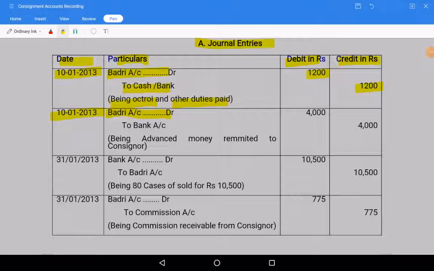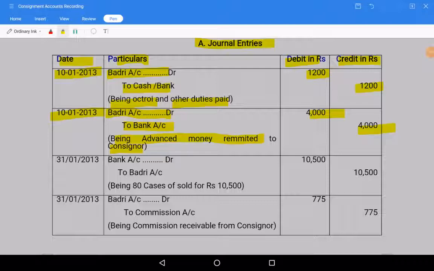Being advance money remitted to consignor, to bank 4,000. Next, on the same date, two transactions happened.